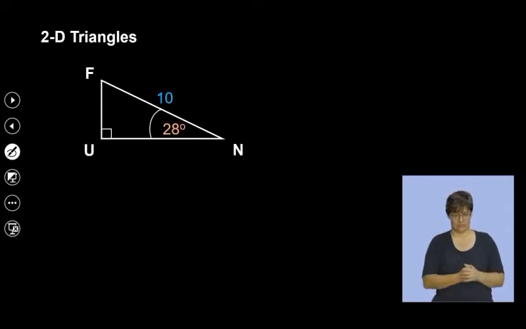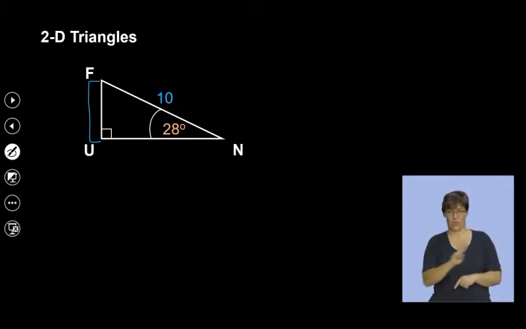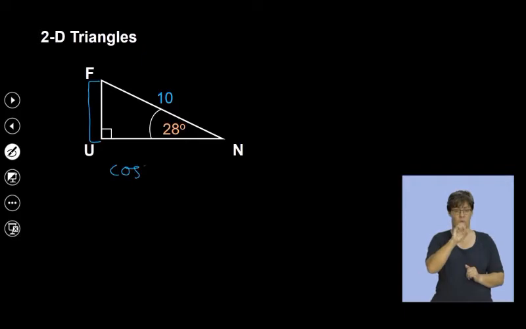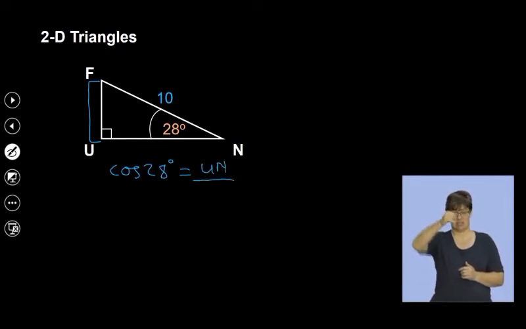So let's try and solve that. If I am trying to find UN, remember in our previous segment, we actually found UF. Now we're trying to find UN. So this will be cos of 28 degrees, which will then be equals to my UN, which is normally the adjacent, over 10, which is the hypotenuse side.